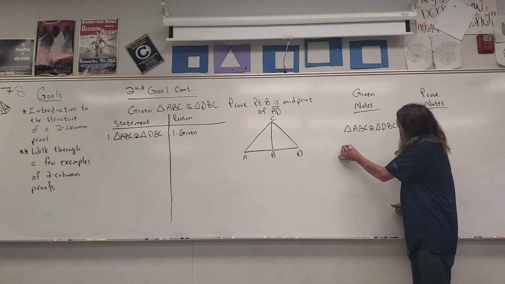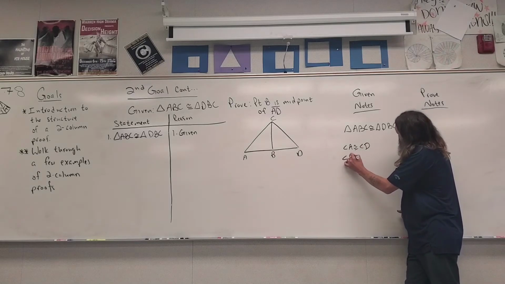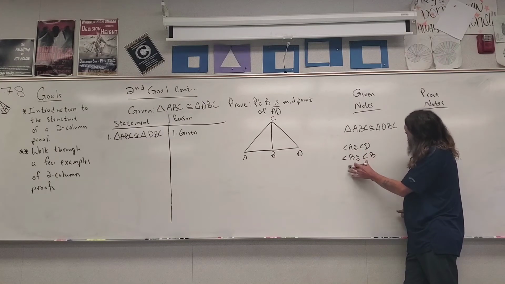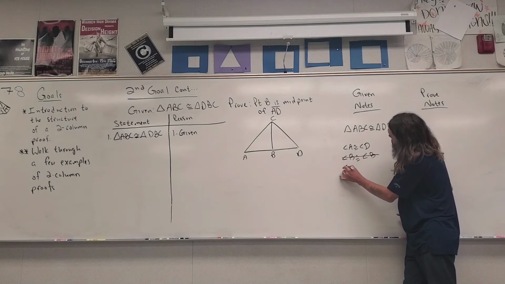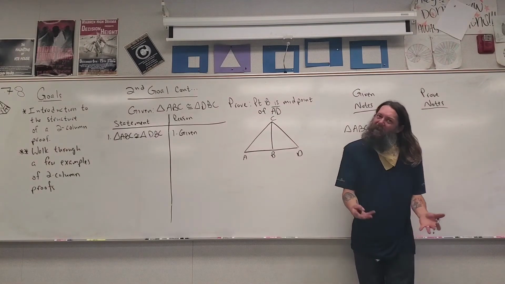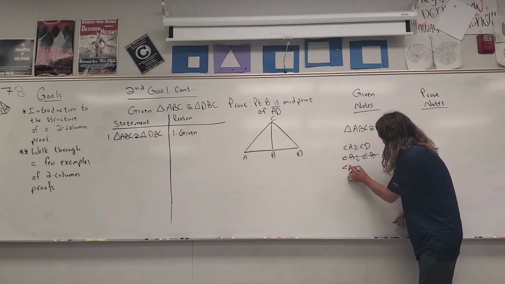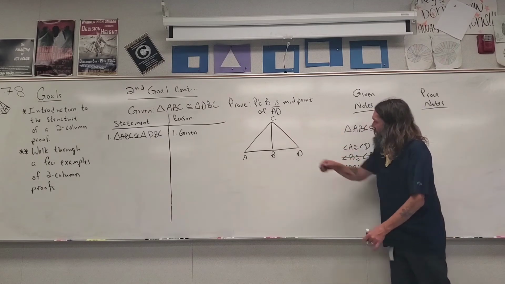right? And again, I would know that angle A is congruent to angle D, and angle B is congruent to angle B. This is not written correctly. It should be, because if I say angle B, I'm not being very specific. It should be ABC. So angle ABC is congruent to angle DBC.